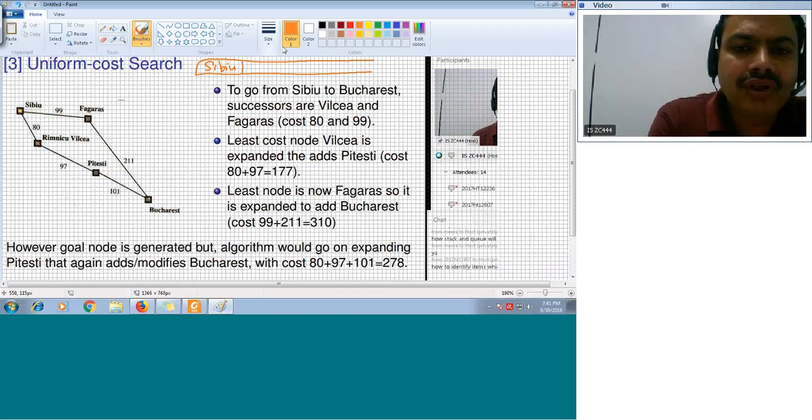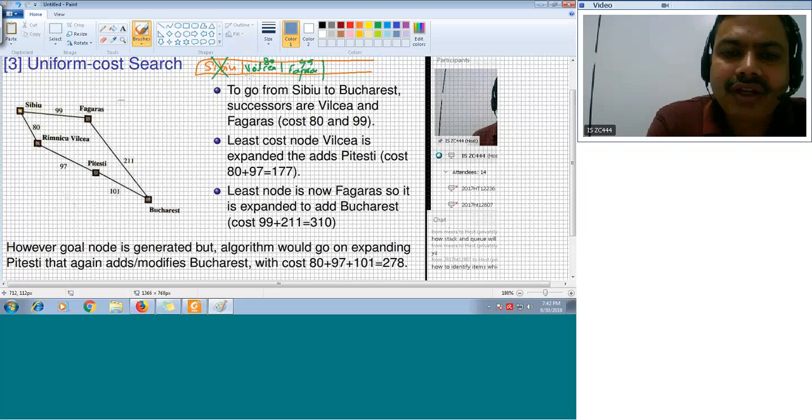Then what would you do? You would take it out to explore, and you find two things, Fagaras and Vilcea. You would see that Vilcea is smaller, so you put Vilcea with the value 80, and Fagaras with the value 99.